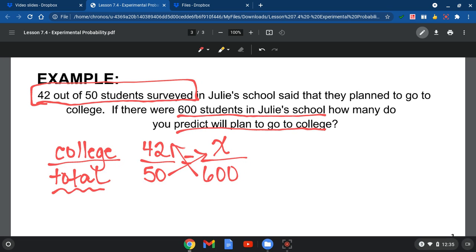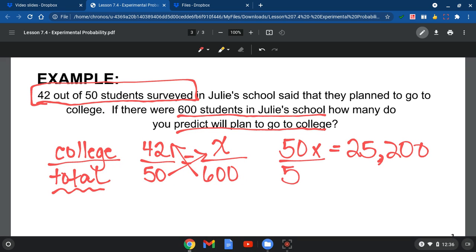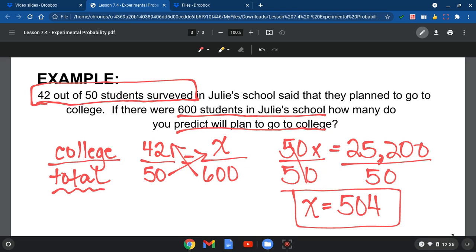When we cross multiply, we get 50x is equal to 25,200. And then when we solve for x, we would divide by 50 on both sides to get 504. Therefore, there are 504 students who plan to go to college.